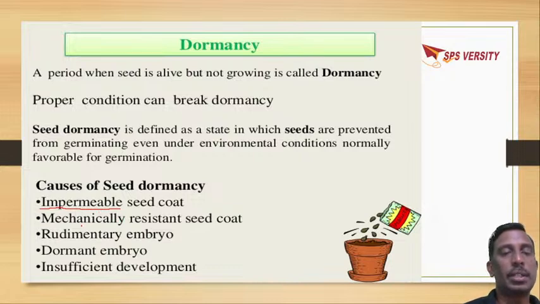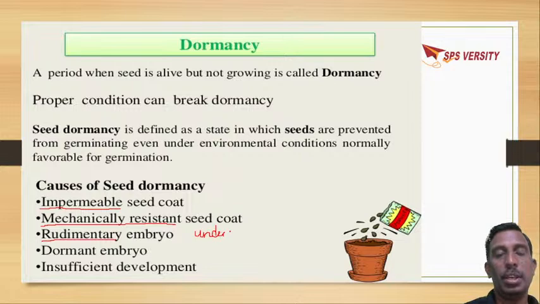Mechanically resistant seeds. Seed coat is very hard, which cannot be broken and come out. Rudimentary embryo. Rudimentary means underdeveloped embryo. Embryo is incompletely developed. इसके वास्ते भी dormancy.